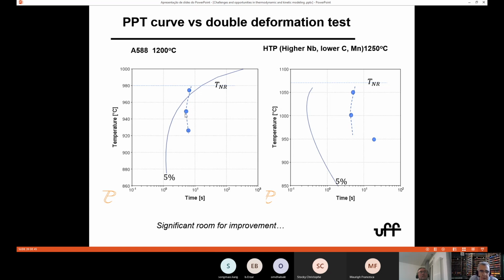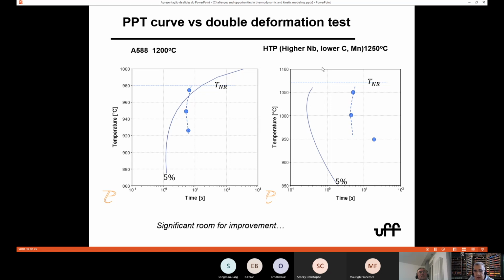And these are the double deformation tests for recrystallization. So you can say, well, maybe it agrees well with 5%. I don't know, because when you do a PTT, precipitation time temperature, you have to define what the volume fraction is. So you can say, well, 5 is a good number because everybody uses 5. So I think this is fairly good.